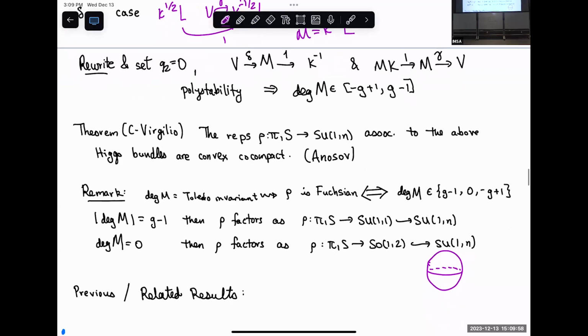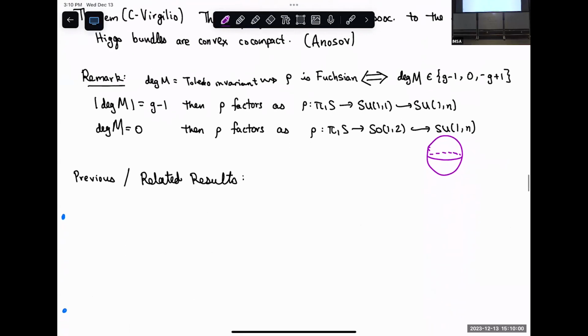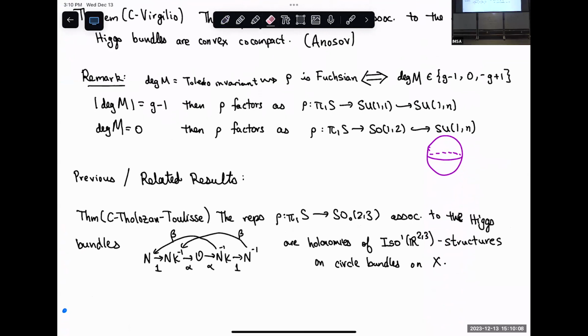Great. So let me now tell you about how we prove this and some previous related results. The first previous related result was a theorem I proved with Nicolas Tholozan and Jérémy Toulisse. Most of this paper was focused on maximal representations into SO2n and describing these geometric structures associated to them.